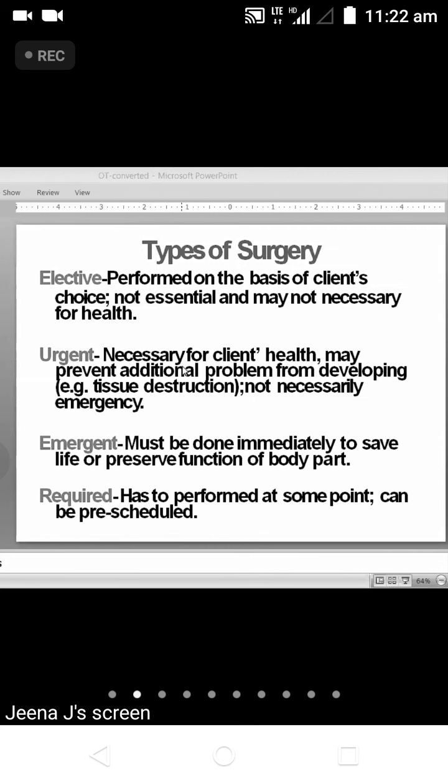The patient can wait, or the doctors will wait until the patient is medically stable, and you can do it within 2 days or 3 days. An example of urgent surgery is if the patient has to undergo appendicectomy. You know what appendicectomy is, right? Removal of the appendix.